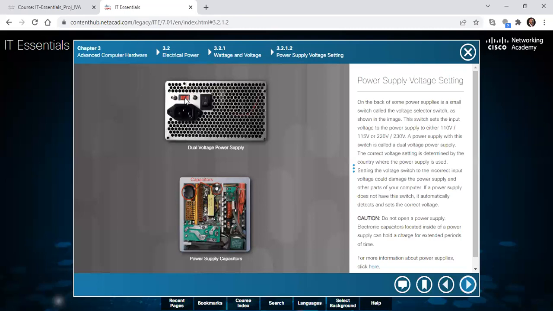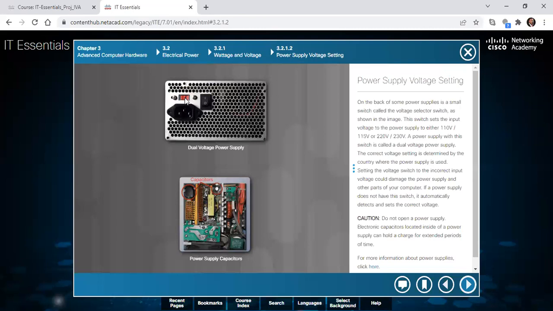Very important. The current voltage setting is determined by the country where the power supply is used. Setting this voltage switch to the incorrect input voltage could damage the power supply and other parts of your computer.